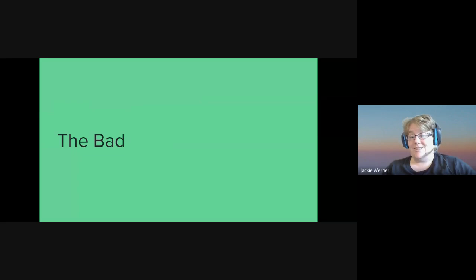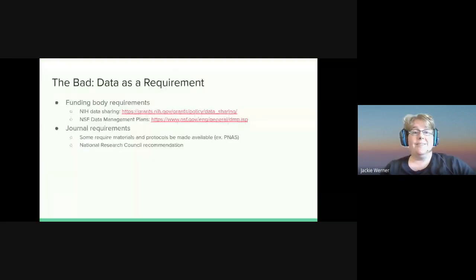And then there's the bad. So this is not actually bad, but sharing your data can also be a requirement. A lot of funding bodies and journals are now requiring that you have a data management plan, and some of them that you know how you're going to share your data.